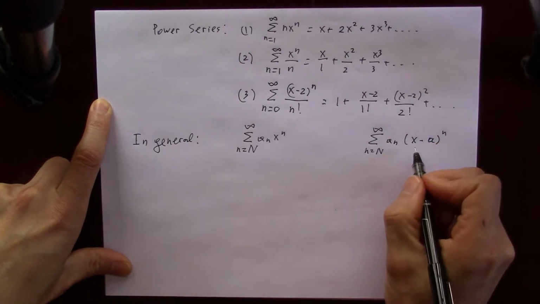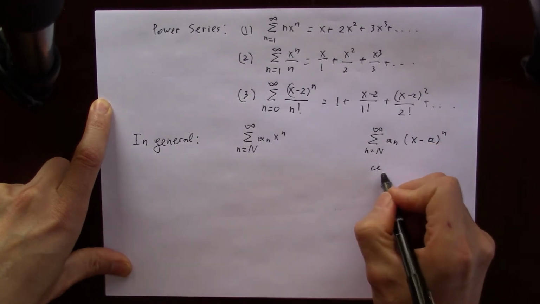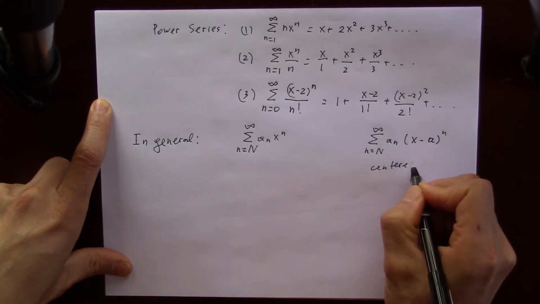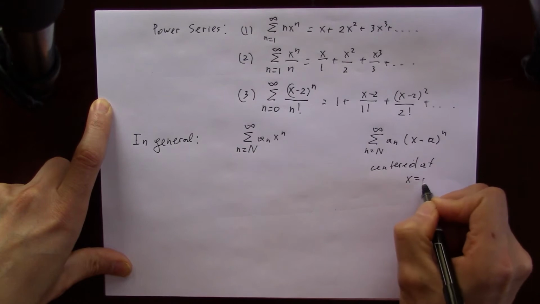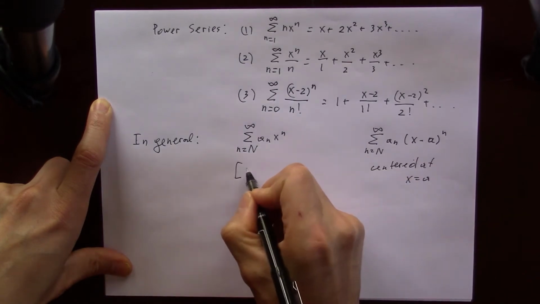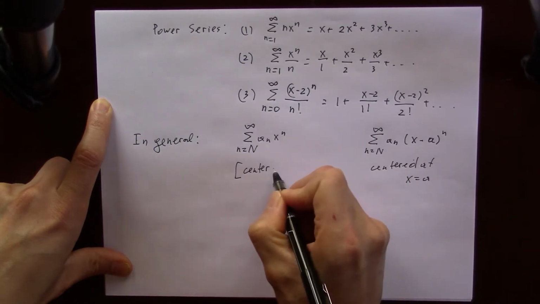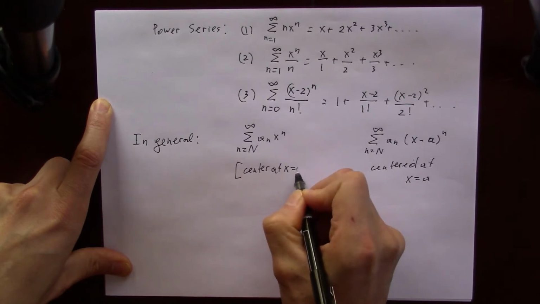We're going to call this power series centered at x equals a, and the first one centered at x equals 0.